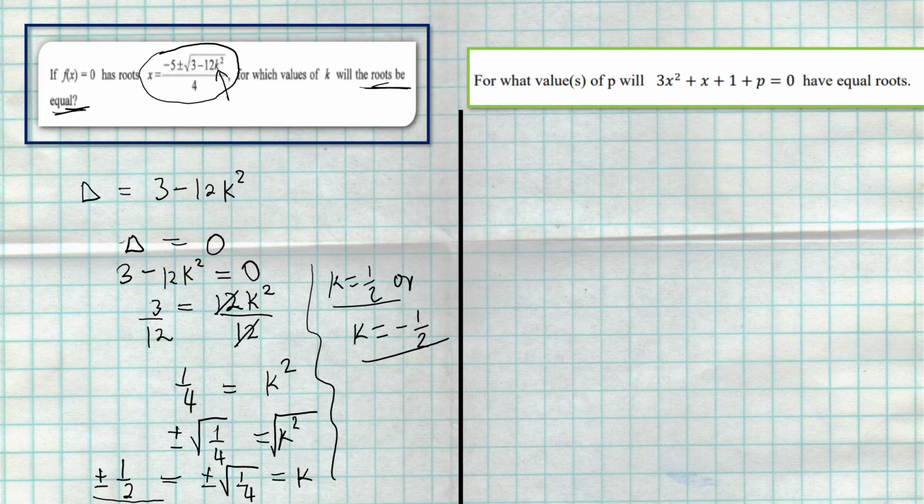Okay, so let's quickly move to this one on this side. Here they're saying for what values of p will 3x squared plus x plus 1 plus p is equal to 0 have equal roots? Now it's a different problem, and I'll just keep on giving you more and more past paper questions like this, just for you to get an understanding of how standard this question may be, because their structure does not change.